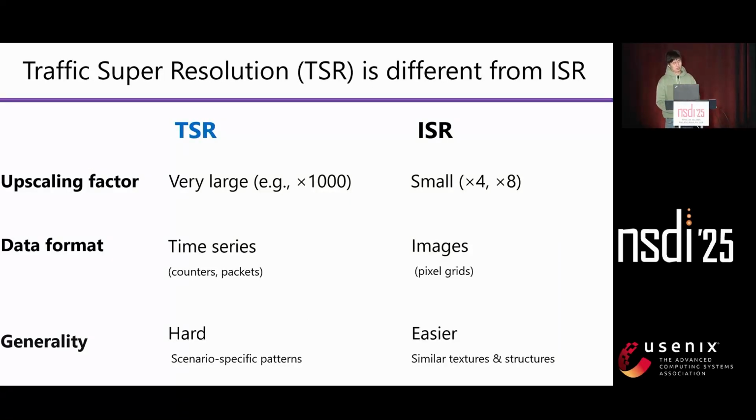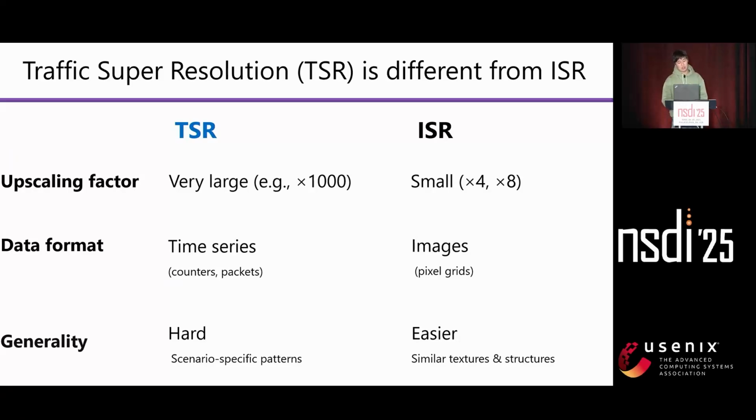However, traffic super resolution is very different from ISR. First, the upscaling factor of TSR is much larger. In TSR, we may go from per microsecond counters to per packet traces, and this is 1,000 times upscaling. But ISR typically performs only 4 times or 8 times upscaling.